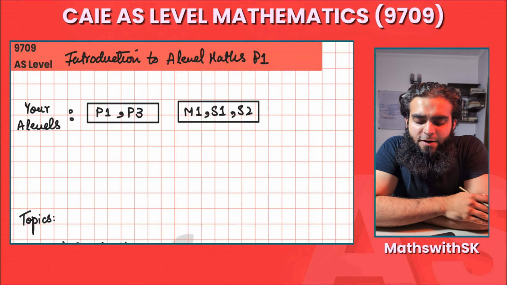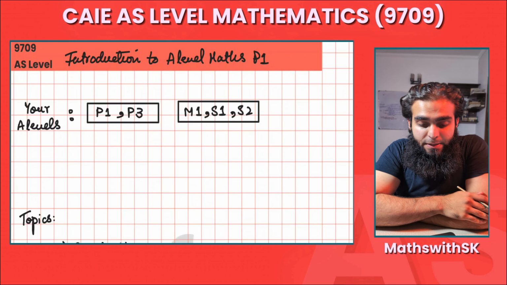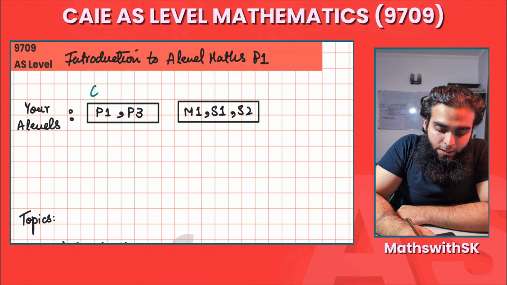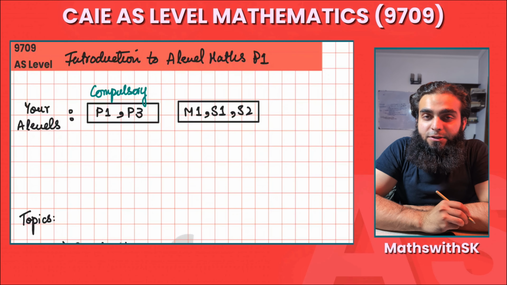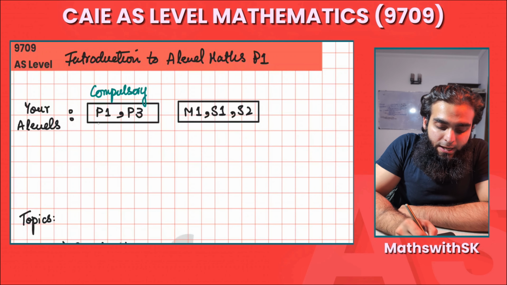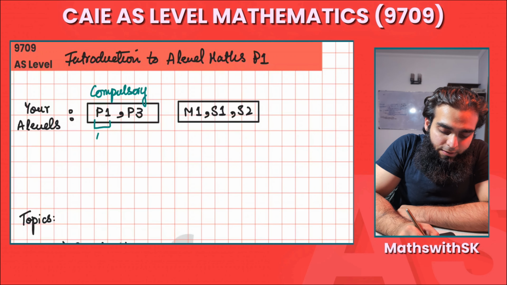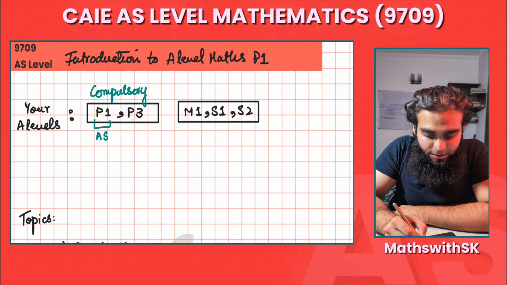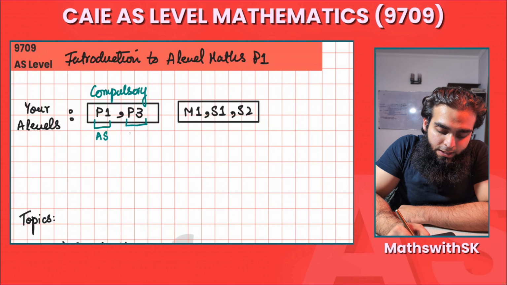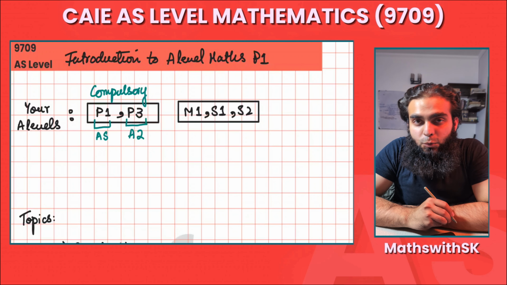Over here, when we look at A level maths, there are certain papers that are compulsory. These are the compulsory papers that every A level student has to appear for. This P1 is available in the first year, known as the advanced subsidiary year, AS level. And this is available at A2.